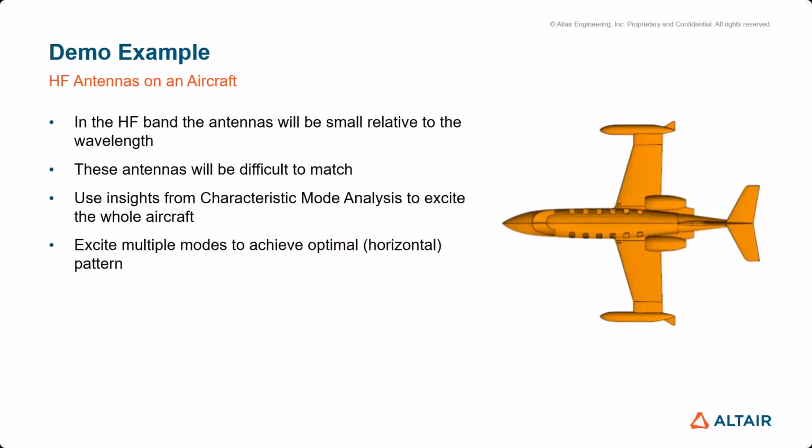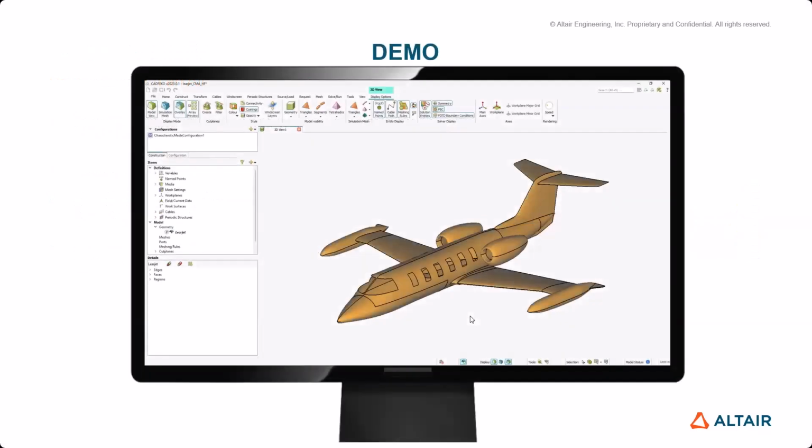These antennas will be difficult to match because of their small size, but we can use the insights from characteristic mode analysis to excite the whole aircraft as our radiating structure. We can then also attempt to excite multiple modes to obtain the optimal horizontal pattern. So let's do that live. So I'll switch to CAD Feko.